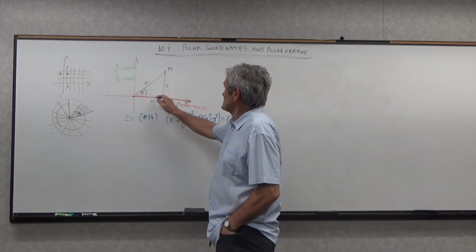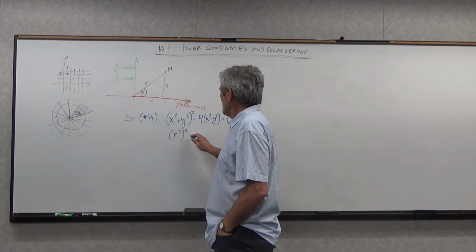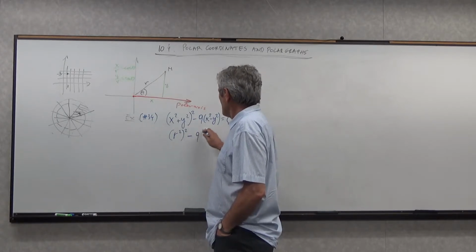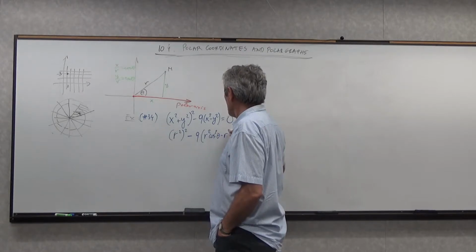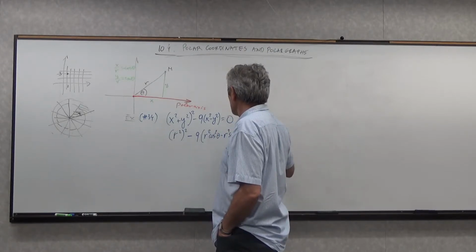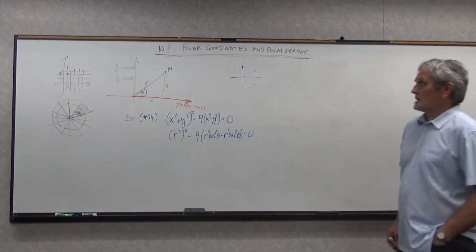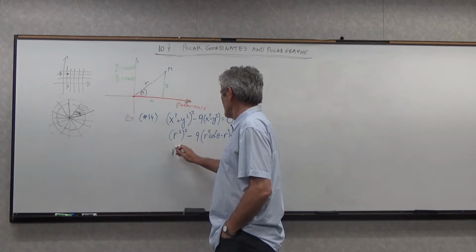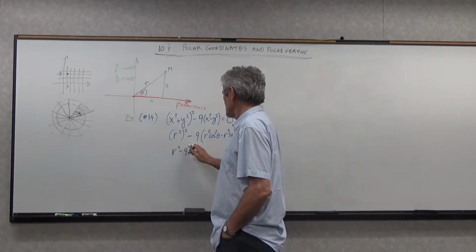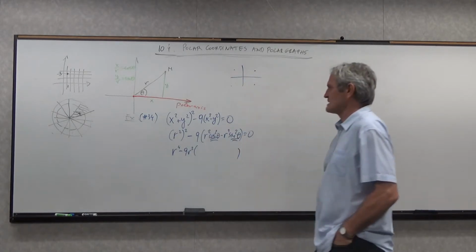So x squared plus y squared, we know that's r squared, squared, minus 9 times, this is r squared cosine squared theta, minus r squared sine squared theta, equals 0. Okay, so what is that telling me? I have r to the fourth minus 9r squared. What's left in parentheses? Cosine squared minus sine squared.